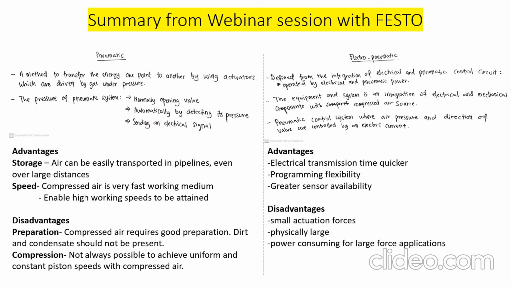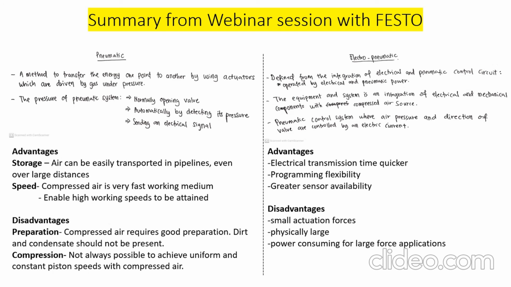Next, the electro-pneumatic, defined from the integration of electrical and pneumatic control circuits, where it operates by electrical and pneumatic power. The equipment and system is an integration of electrical and mechanical components with a compressed air source. It is a pneumatic control system where air pressure and direction of valve are controlled by an electric current.